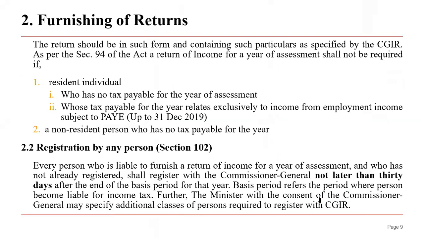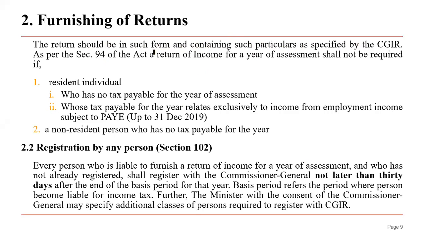Then furnishing the return. Does everyone need to file a return? Here is the answer. The return should be furnished and contain the particulars as specified by the CGIR. There may be schedules and any other requested documents.